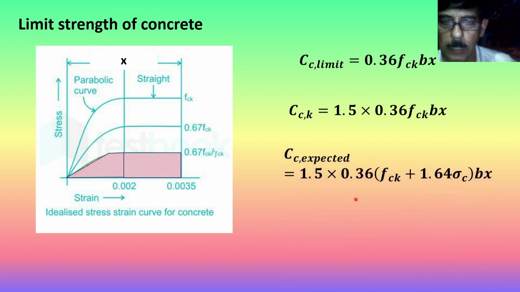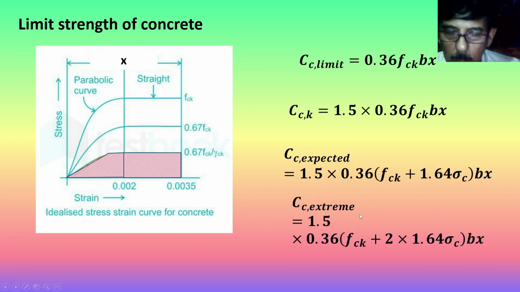For expected strength, it is 1.5, then 0.36 is there coming from the formula, and the Fck is changing to Fck plus 1.64 sigma c, multiplied by bx. The extreme compressive force arising out of concrete is 1.5 times 0.36 within parenthesis Fck plus 2 multiplied by 1.64 sigma c, multiplied by bx.